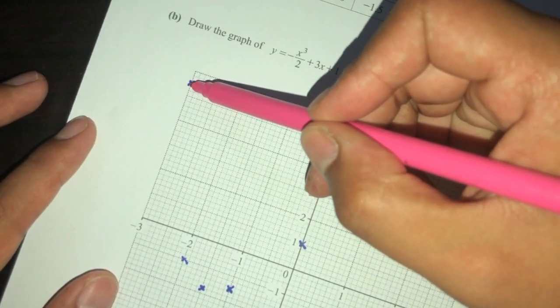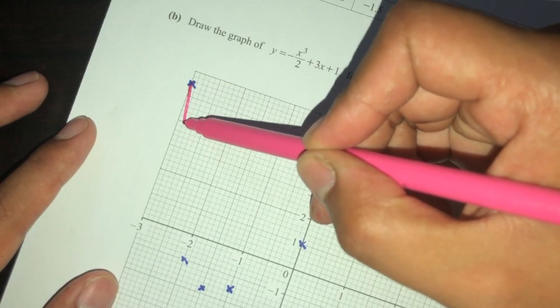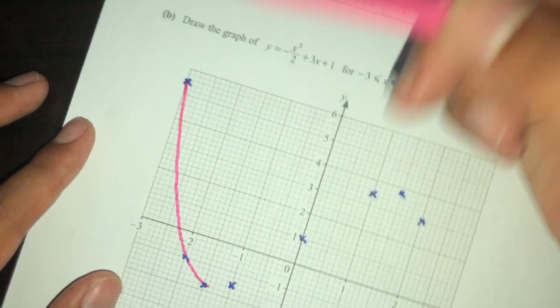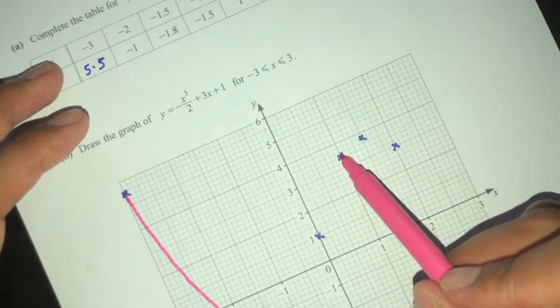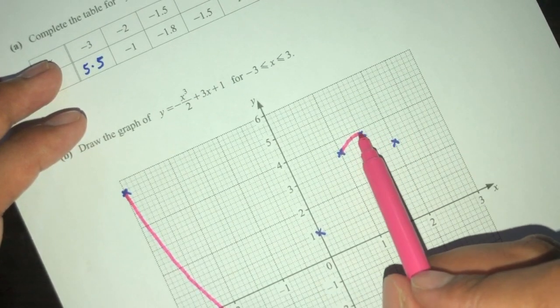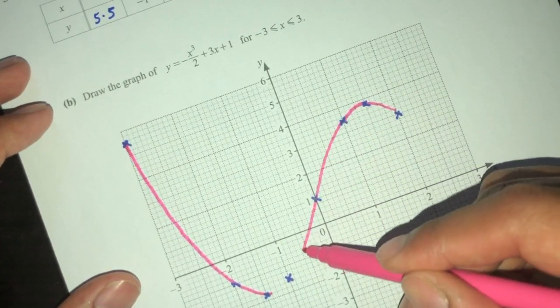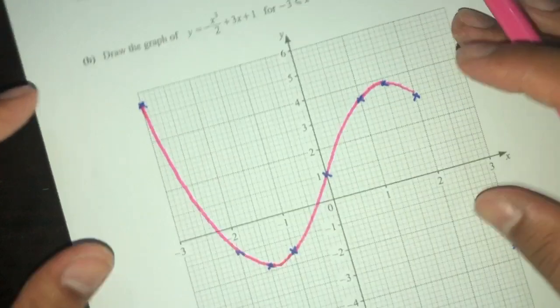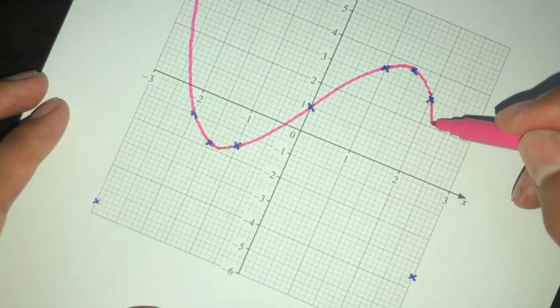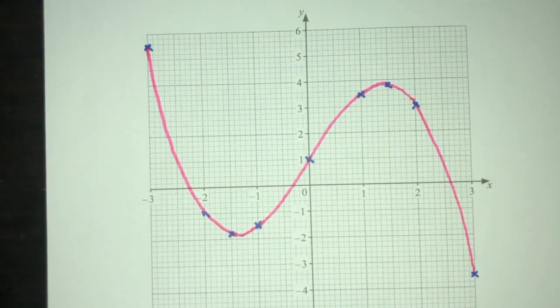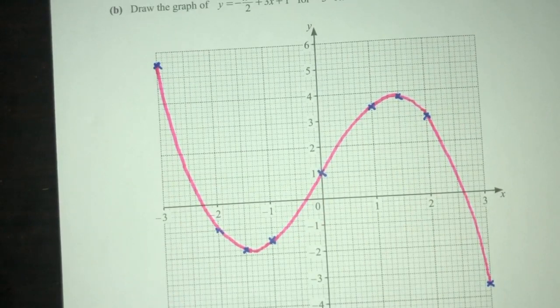Draw these with a smooth curve, something like this. It has to be smooth, and here you go, touching all the points. And that will be your question part B. Obviously, you will be using a pencil. If in case you made a mistake, you can always erase and come back to it.